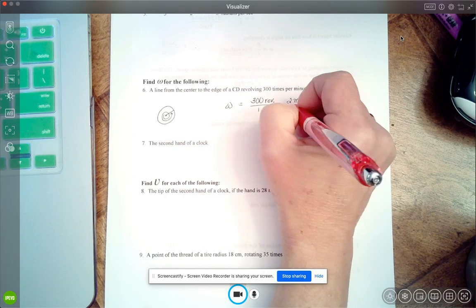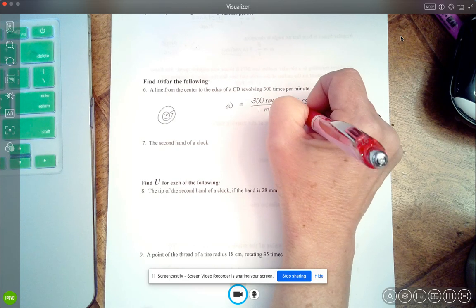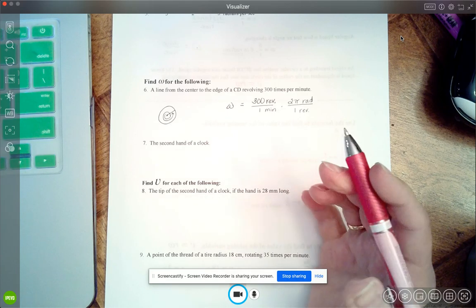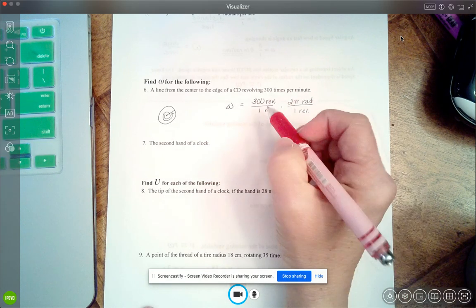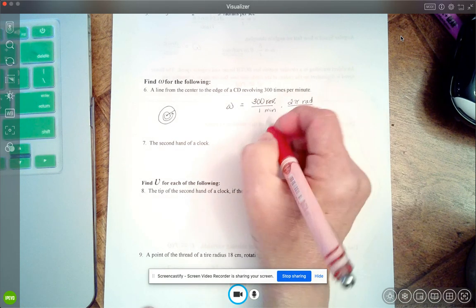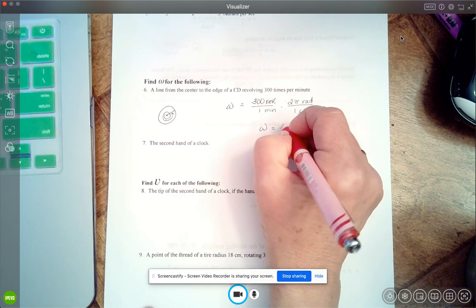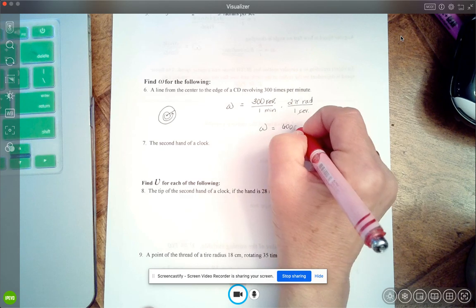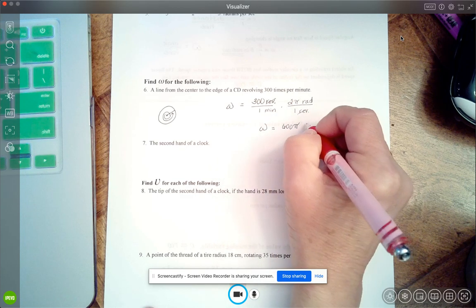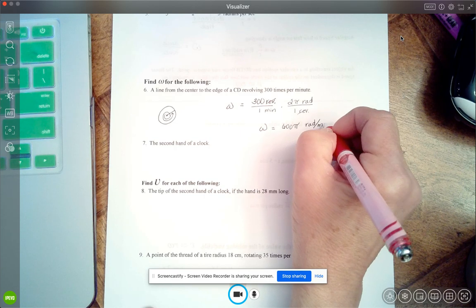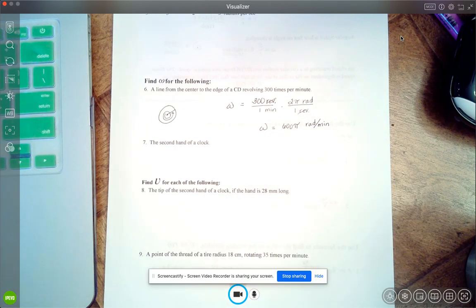There's 2 pi radians in 1 revolution. So if I do this calculation, my revolutions cancel, and I get that my angular speed is 600 pi radians per minute. That's what we're going to be doing with these.